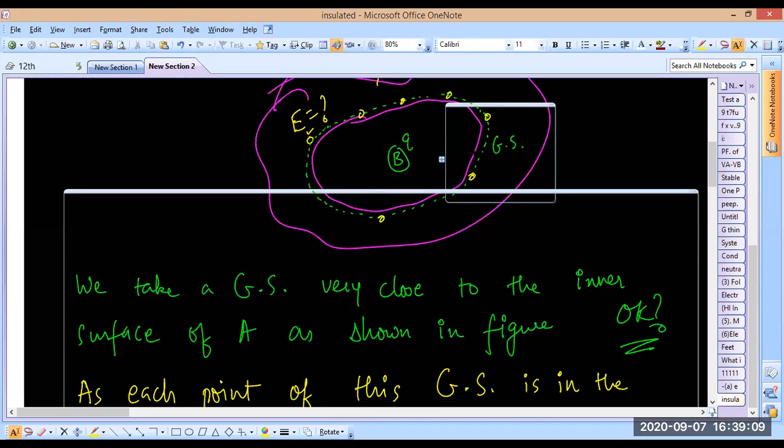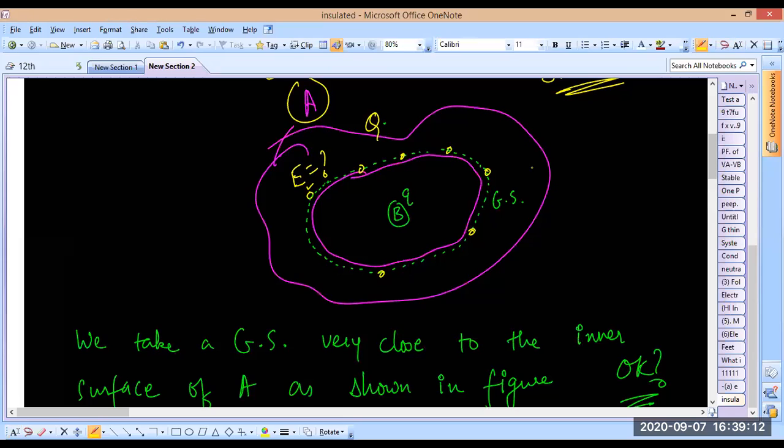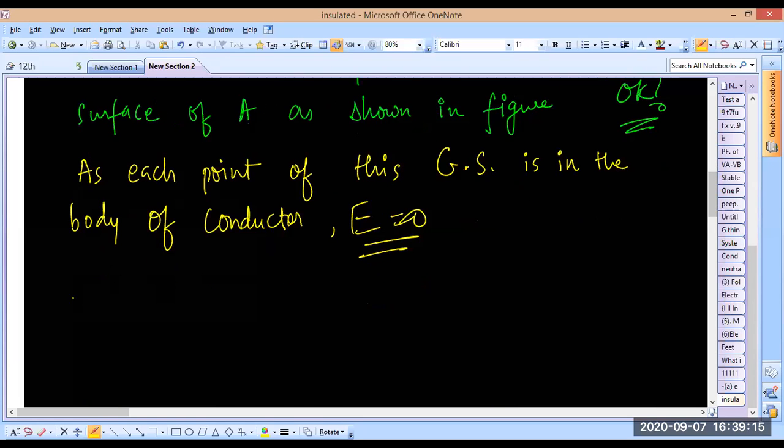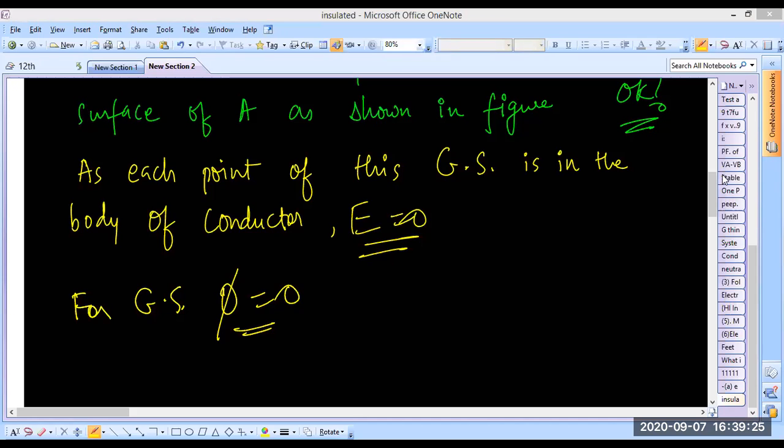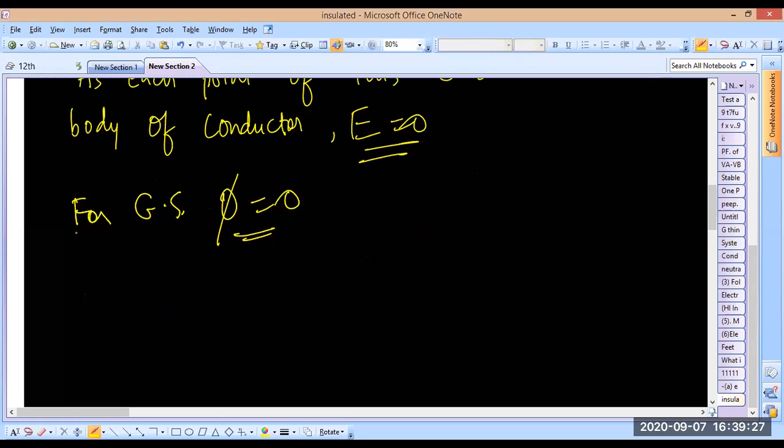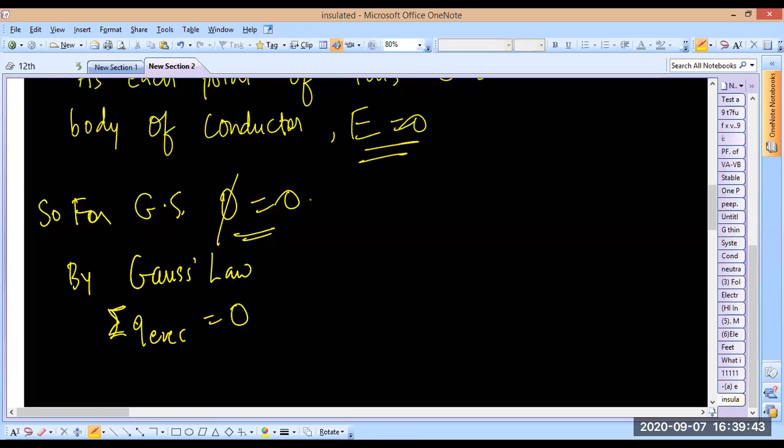If the electric field at all these points is 0, then for the Gaussian surface, the flux is also 0, right? Because there is no field, there is no flux. Now we use Gauss law. By Gauss law, I can write sigma q enclosed is equal to 0, because the flux is 0.